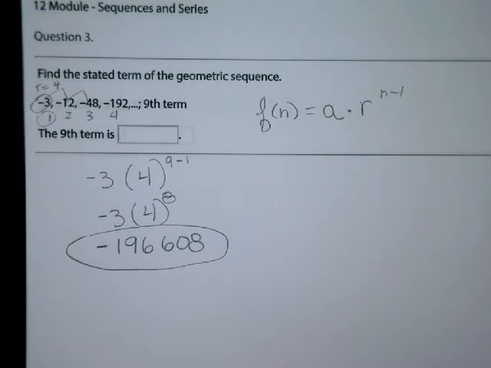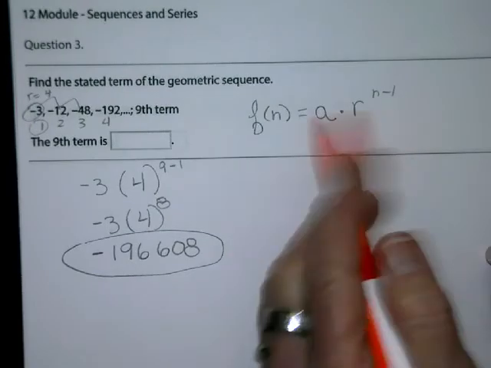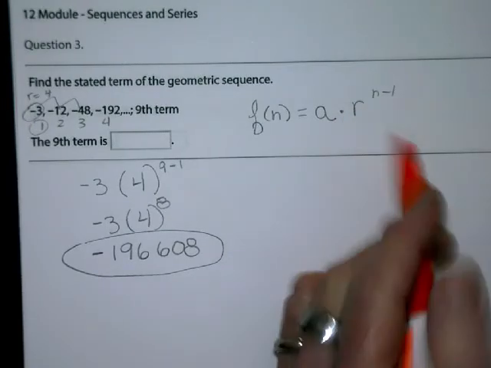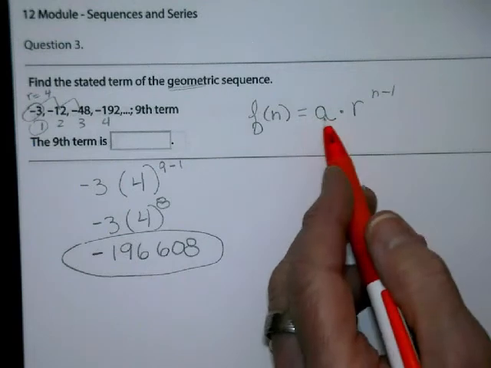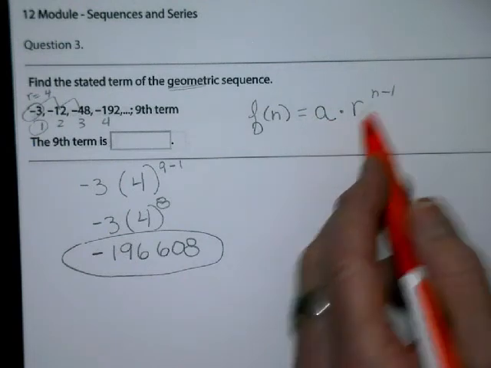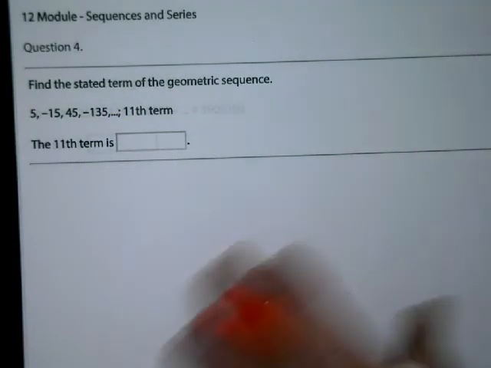And that is number 3. So it's kind of like, ooh, hesitate. I don't trust myself, but this is how I worked it through. We use this explicit rule to find the 9th term. Geometric sequence: initial term times common ratio to the n minus 1 power.